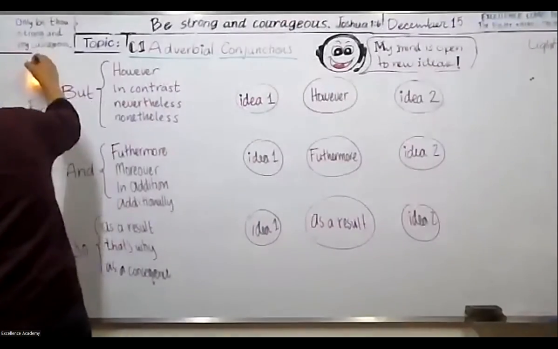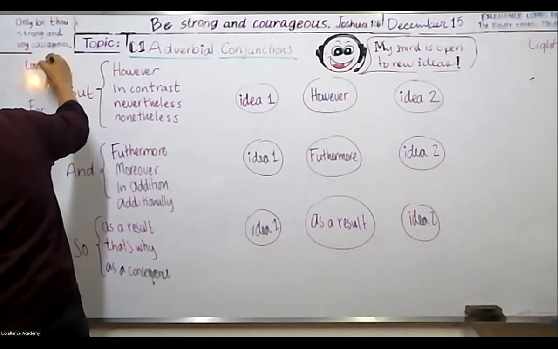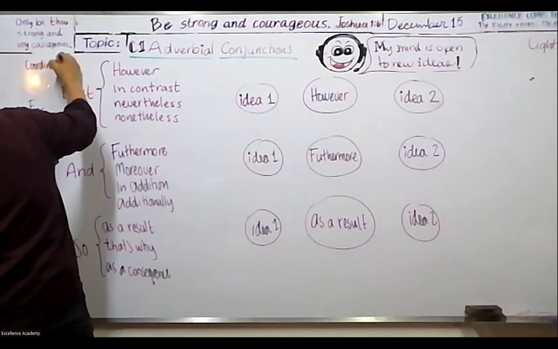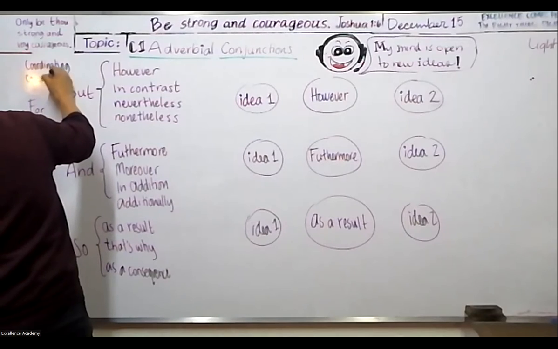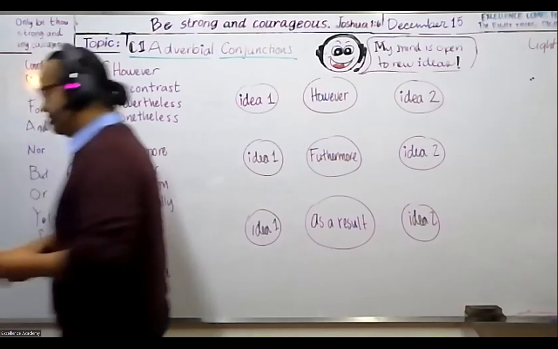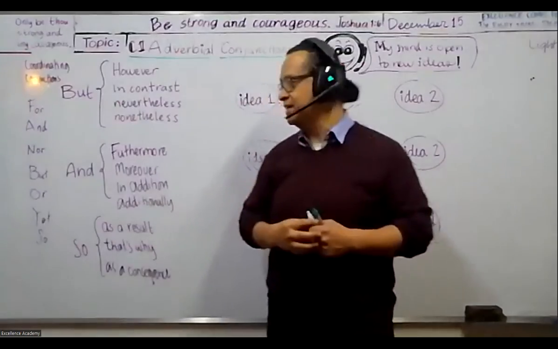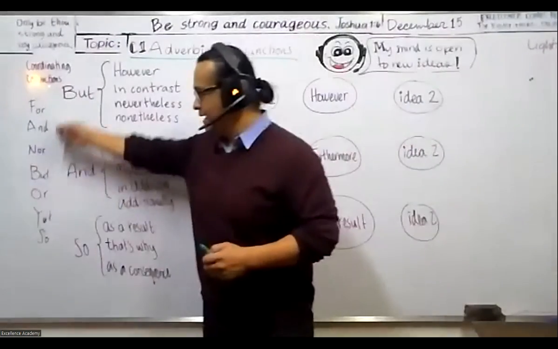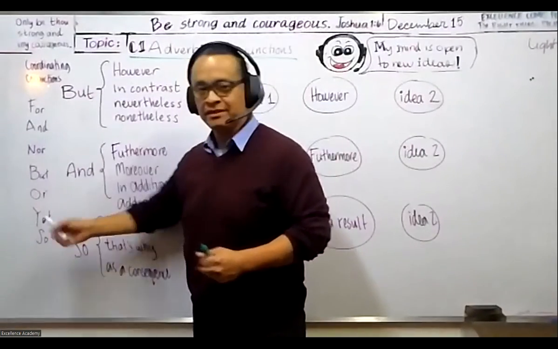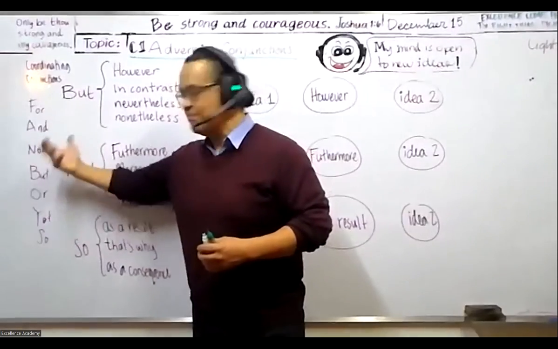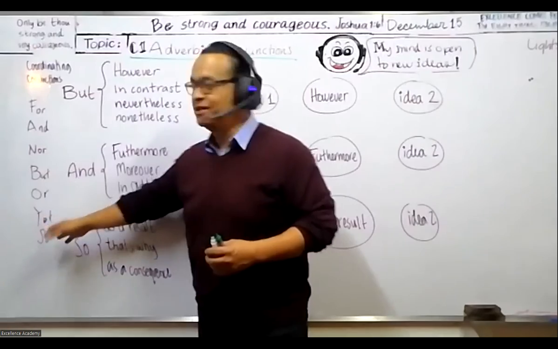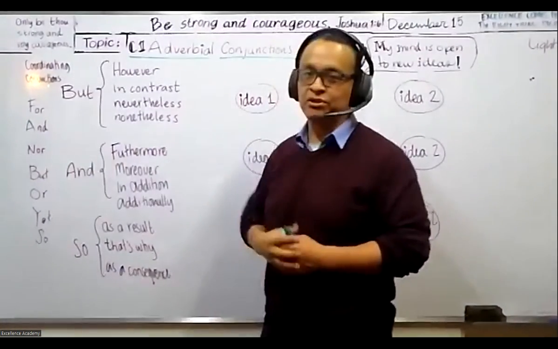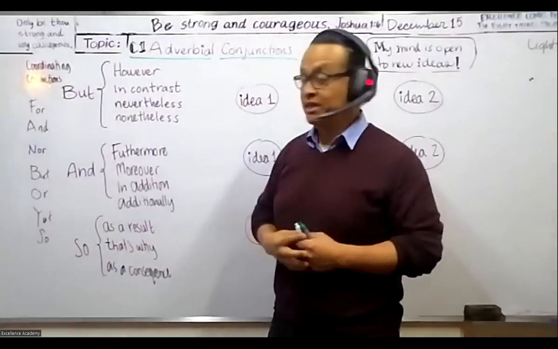The basic conjunctions, because their job is to coordinate our ideas, and they're conjunctions because they connect the flow of two separate ideas or more. So this is like the origin, like the stem. This is like the base. If we understand the coordinating conjunctions, then understanding adverbial conjunctions is going to be much easier.